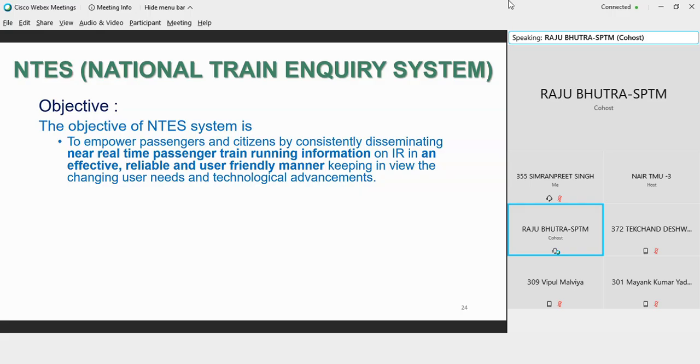It should not be very complicated. Whatever information is accessed by the passengers has to be given in a user-friendly manner, keeping in view the changing user needs and technological advancements.